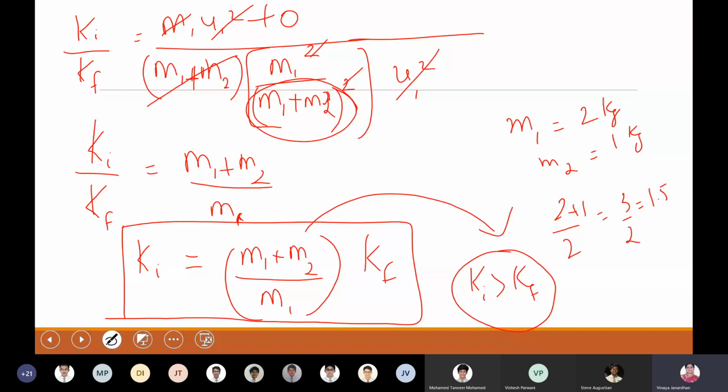One textbook numerical on conservation of mechanical energy, we'll do this numerical. Once you have completed, Ki is greater than Kf. So what you can say is that if Ki is greater than Kf, it proves that energy is lost after collision.